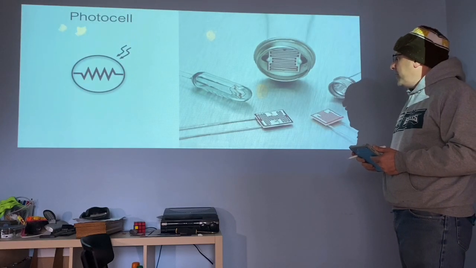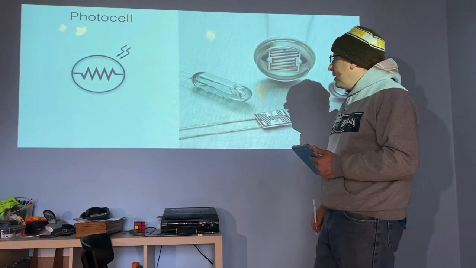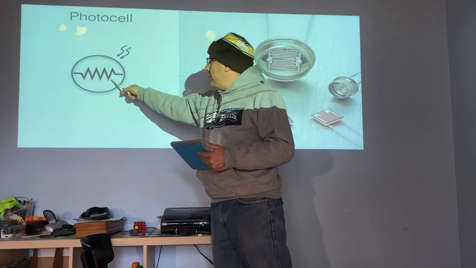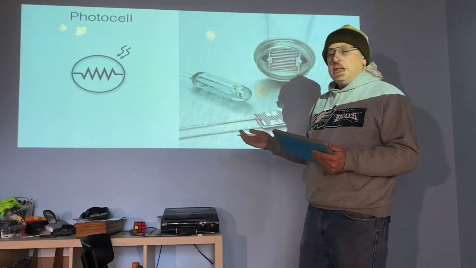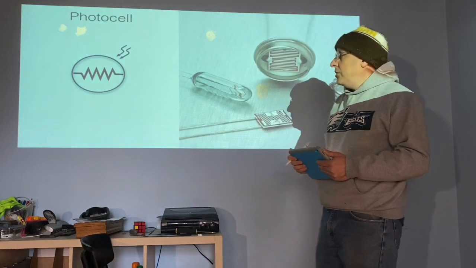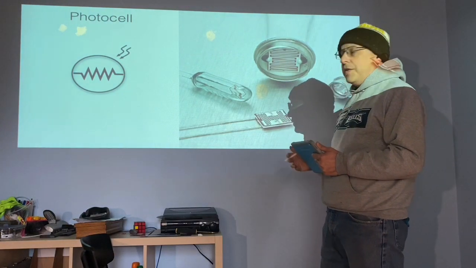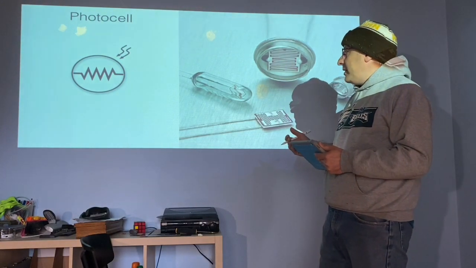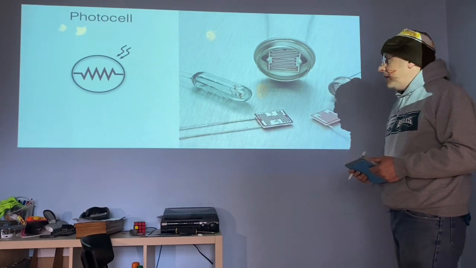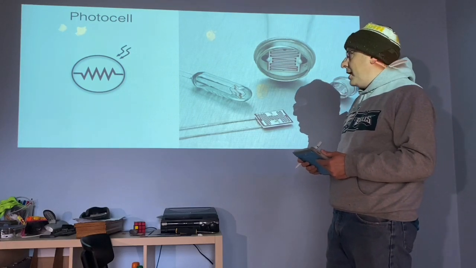Okay, we have photocells, and these things are used to control something based on light. So this photocell looks like a resistor, which it is, but it varies based on how much light is hitting it. So lots of light will change the resistance of this photocell. We could then use that to have something come on when it gets dark, or we could have it have something come on when it gets light, depending on how we hook it up.